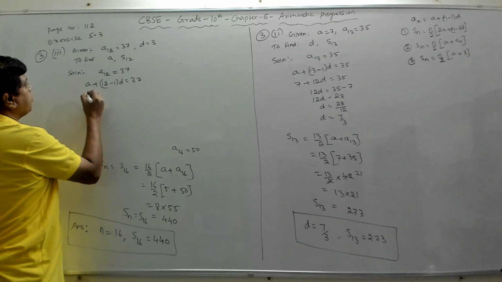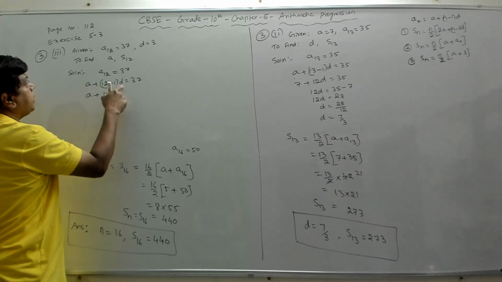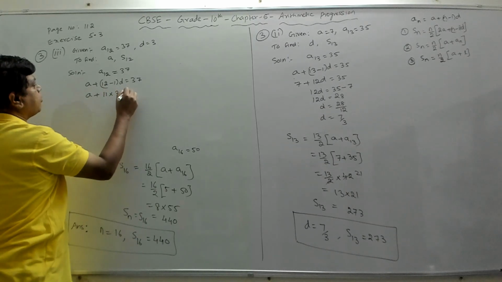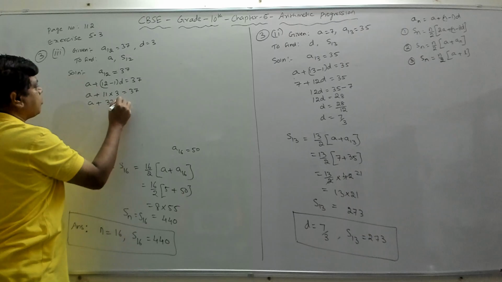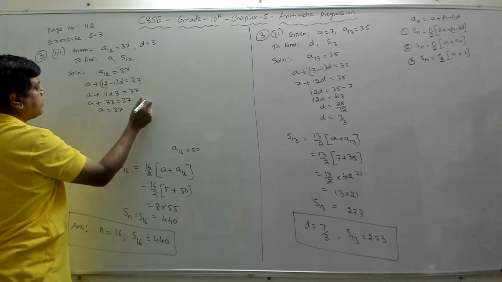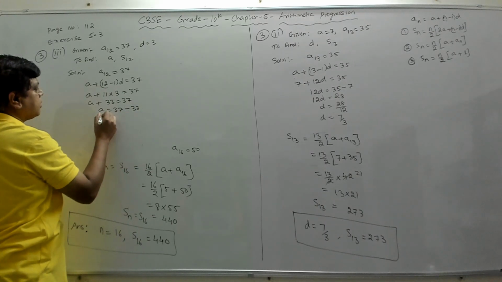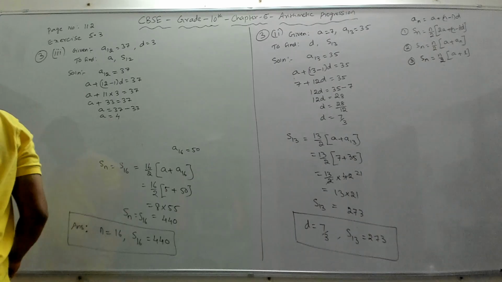We don't know A, that's what we have to find. A plus 11 into D, D is 3, equal to 37. So A plus 33 equal to 37, so A becomes 37 minus 33. You get 4. So your A is 4.